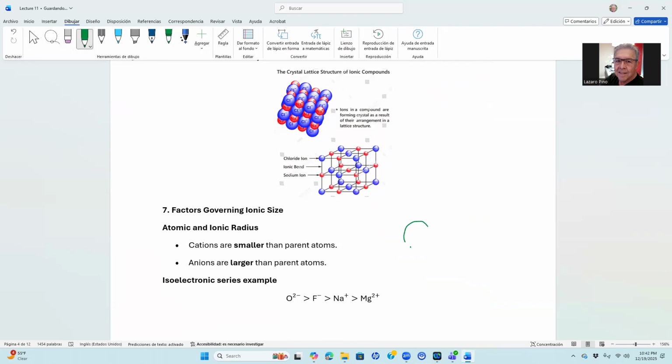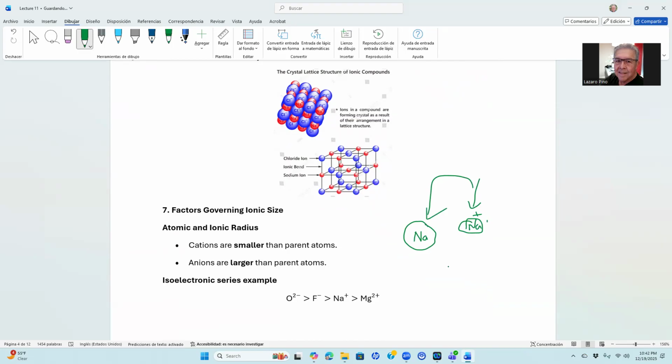This is sodium. But when a sodium atom loses one electron, the size is smaller because it has one electron less. Then the cations are smaller than the parent atom.